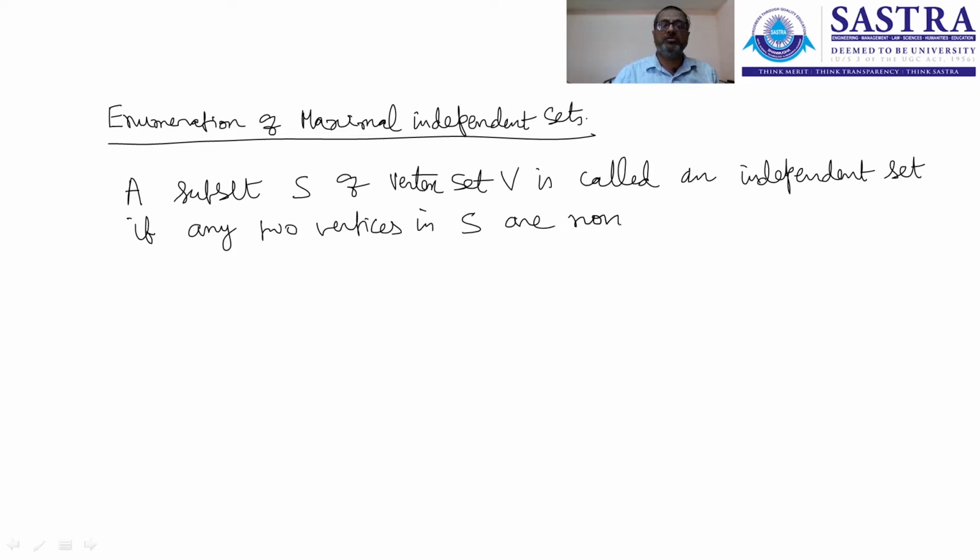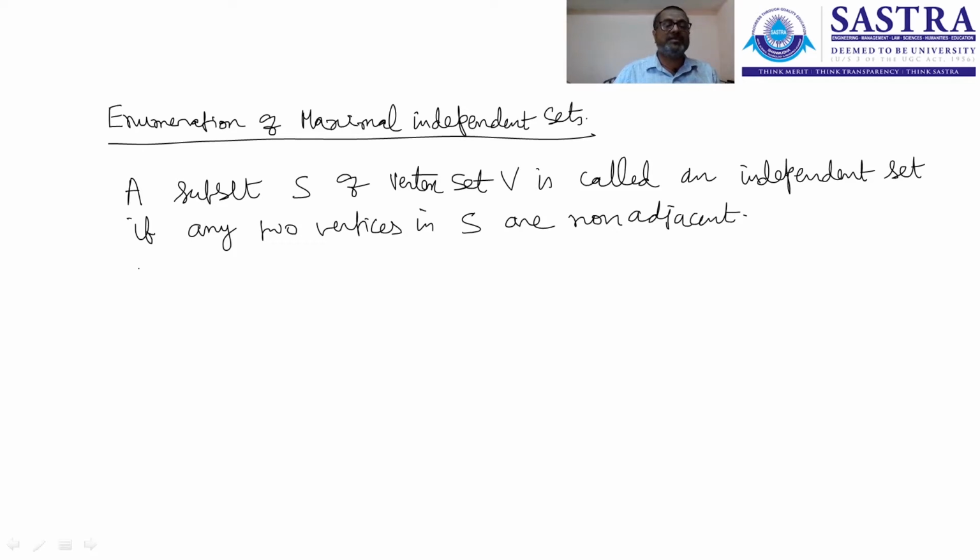So if I take any two vertices in S, there is no common edge incident with those two vertices. That is called an independent set.